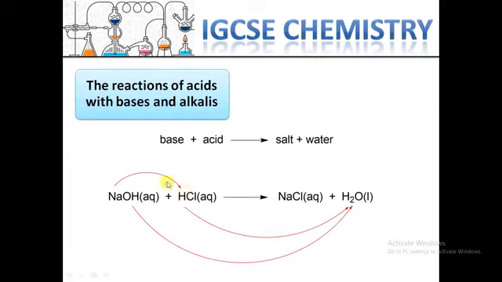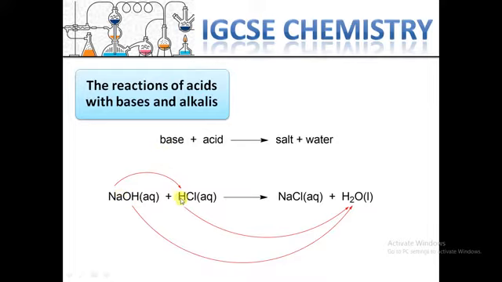Hydrochloric acid can react with sodium hydroxide, and sodium can replace the hydrogen. We can have sodium hydroxide or calcium hydroxide, any metal here. The OH shows that it's a base.